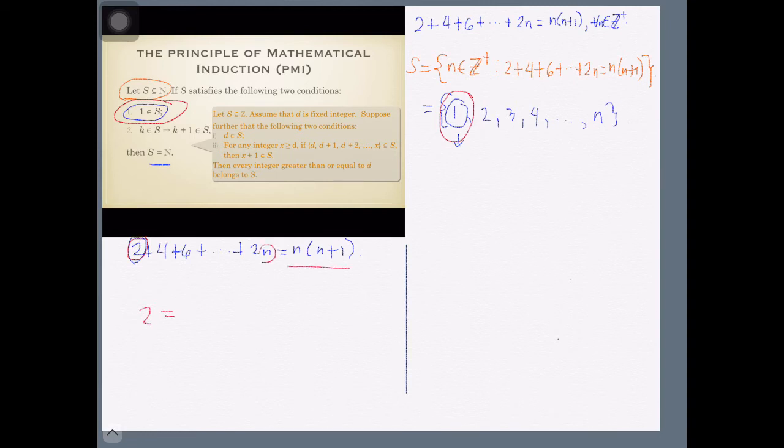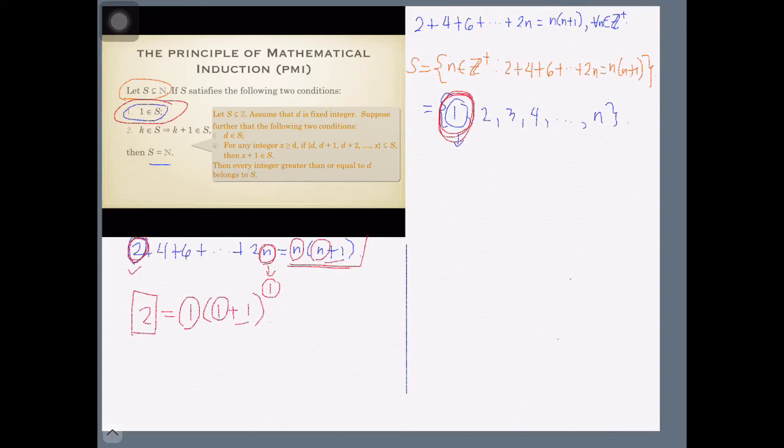Since n is equal to 1, n equals 1 means the first element, 2 here, so that would be 1 times 1 plus 1. Note that yes, 2 here can be written in this form, wherein n is equal to 1, the first part of our series: 1 here, 1 here, plus 1 here, plus 1 there.